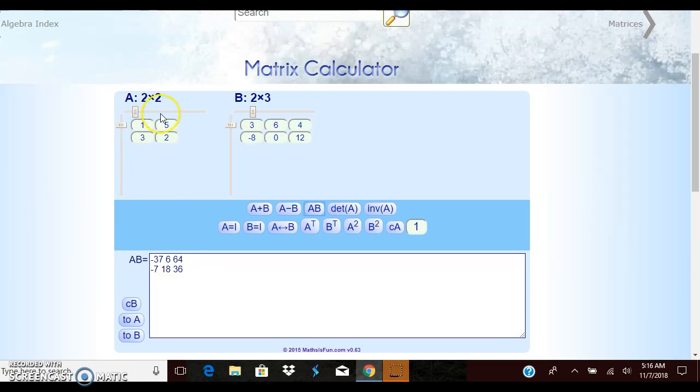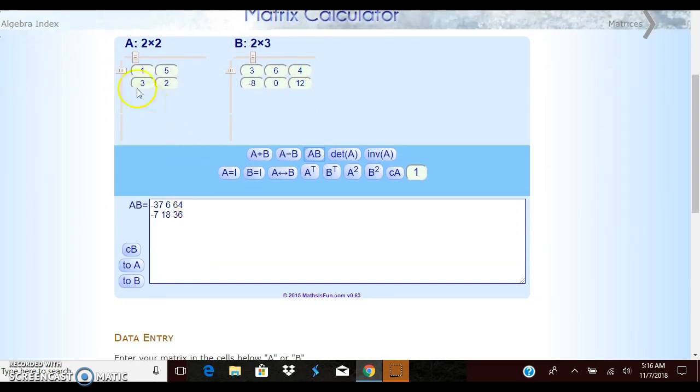And we would do the same thing. 1 times 6 plus 5 times 0, which equals our 6. 1 times 4 plus 5 times 12, 4 plus 60 is going to be our 64. So as we go through, you're going to do the same thing with the 3 and the 2 with each of those columns.